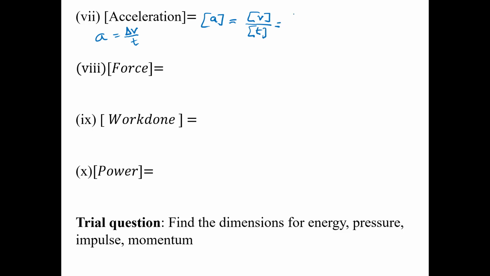And the dimension of velocity, we got it as LT^-1. In other words, remember, meters per second. So it is length time power negative 1. Then divided by the dimension of time, which is a capital T power 1. So we take this one to the numerator, and we get the final dimension of acceleration as LT^-2. And that is the dimension of acceleration.